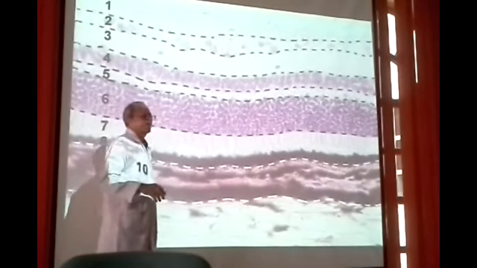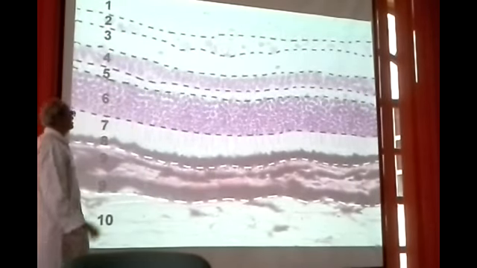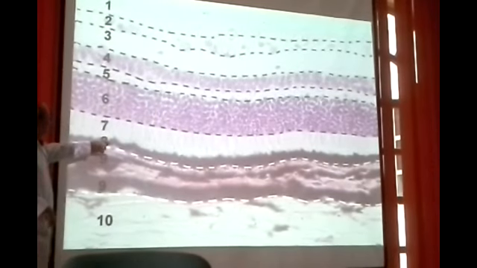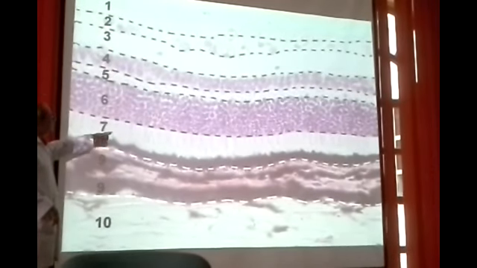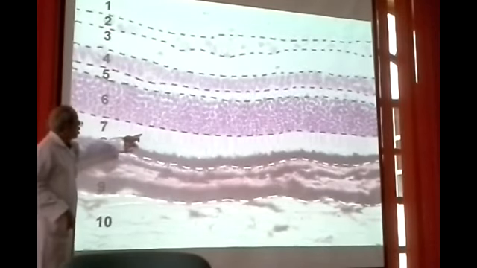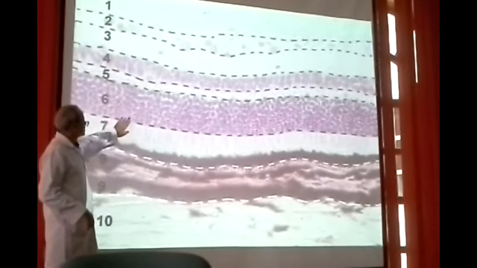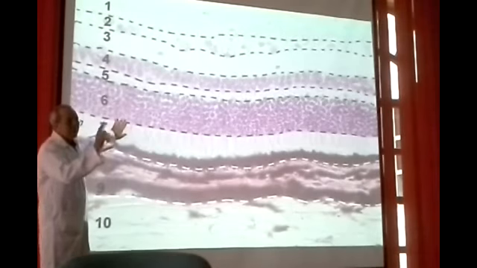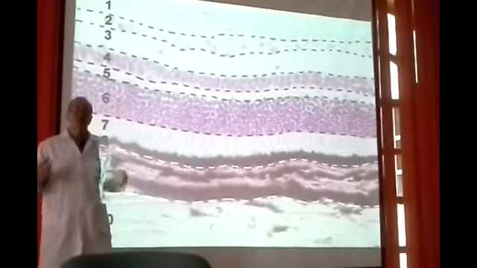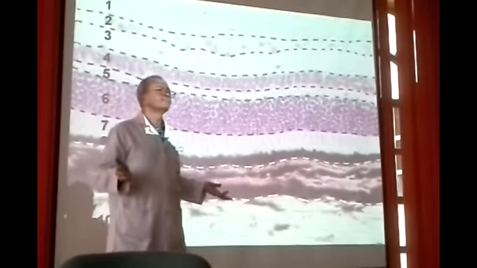What are the layers of the retina? 10 layers. Number 1 from outside, pigmented epithelium. Next, rods and cones. Next, outer limiting membrane. What is the nature of the outer limiting membrane?